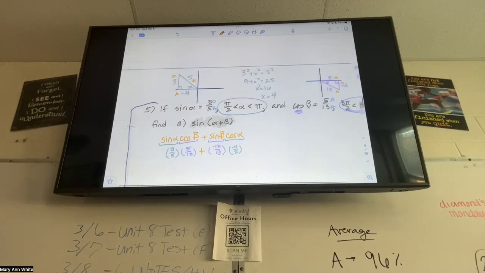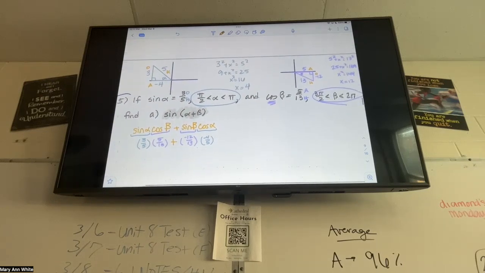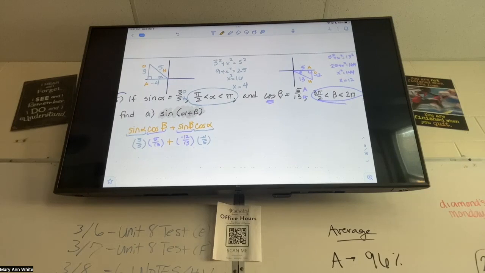And now we have actual numbers, so we are going to combine them. I would argue to not simplify yet, because if you do simplify, you may need to multiply later to get like denominators. So we're not going to simplify. We're just going to multiply the tops and the bottoms together. So now I've got 15 over 65 plus positive 48, negative times a negative is positive 48 over 65.